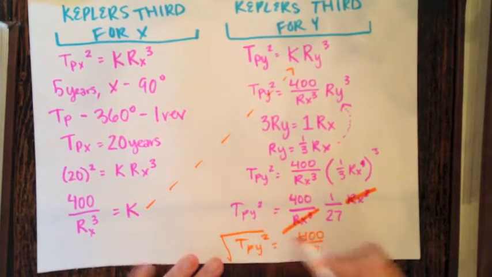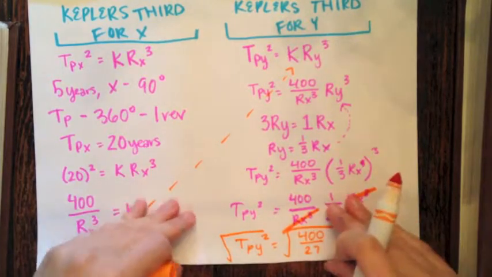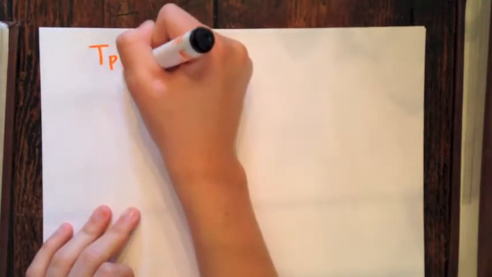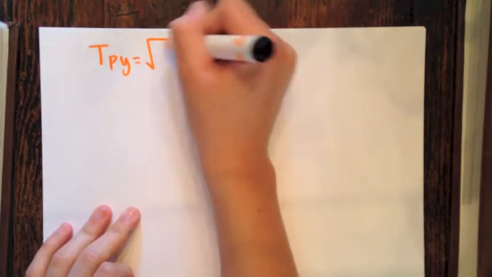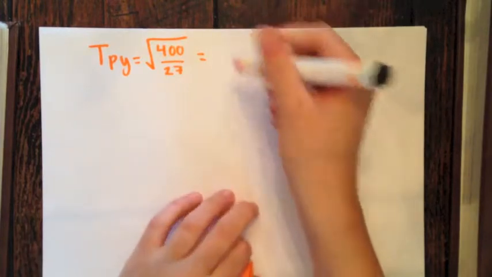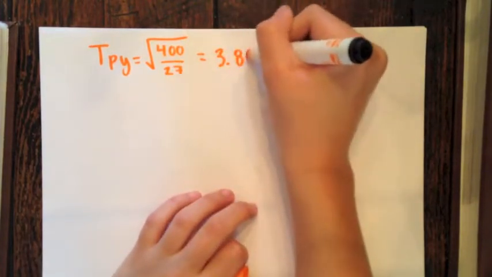And we can square root these. I'm going to move the math to the next page. But we know that the time of the period of y equals the square root of 400 over 27, which if you plug that into your calculator, you will see equals 3.849 years.